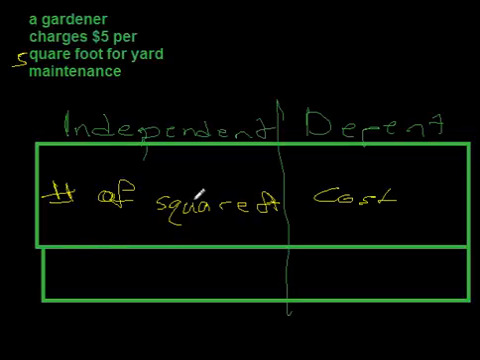So my dependent variable equals f of x, the cost. Don't forget the parentheses around the x here. So the f of x, it has the cost, well, $5 per square yard or per square foot. So it has the equal 5. Per is a good key word for multiplication.